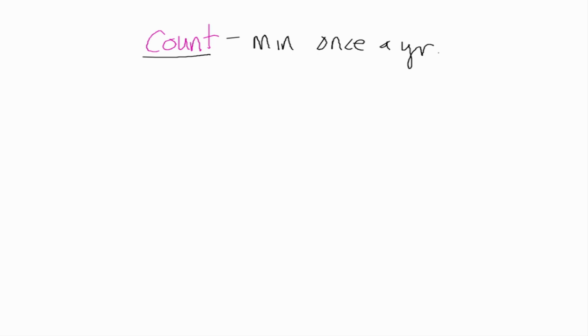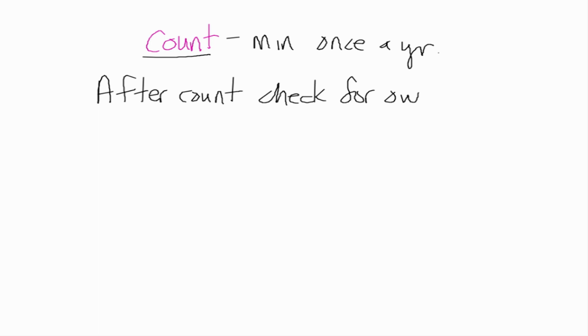We have to check, so after the count, we have to check for ownership. Now, there are two issues with regards to ownership. One is inventory in transit.